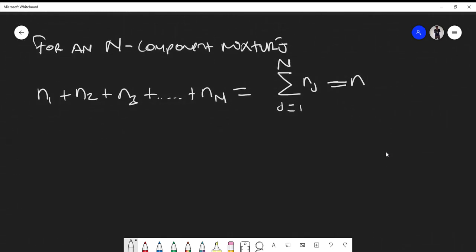Now we could actually do something interesting.